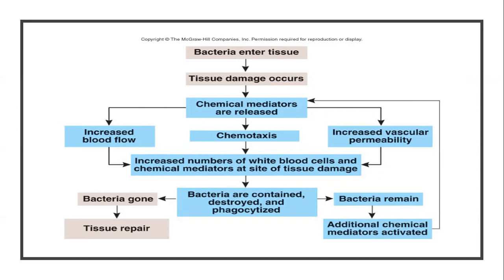So once the bacteria are contained, destroyed, and phagocytized, the bacteria will be removed from the body and the tissue repair will start. But if the bacteria remains after phagocytosing, additional chemical mediators will be activated.